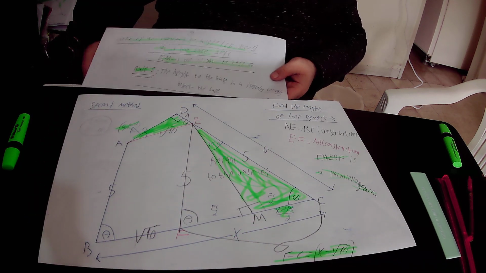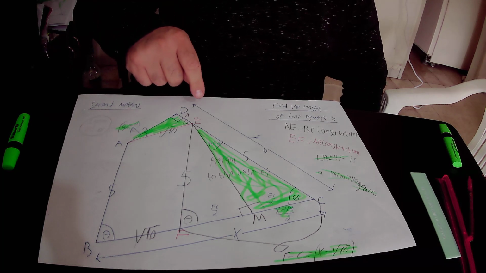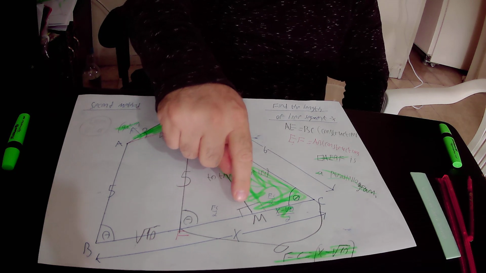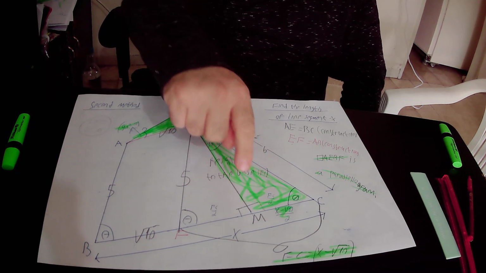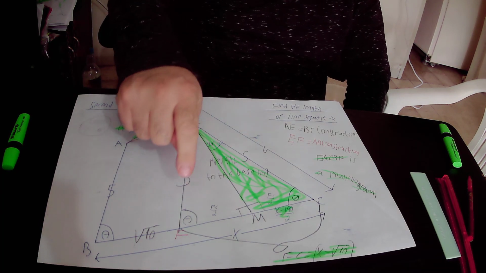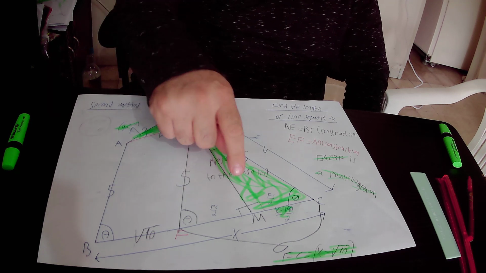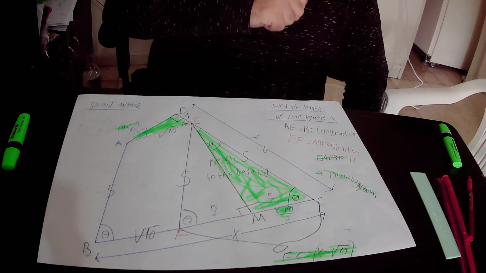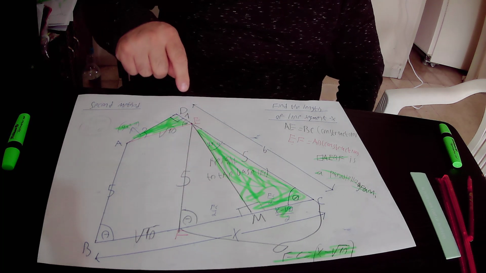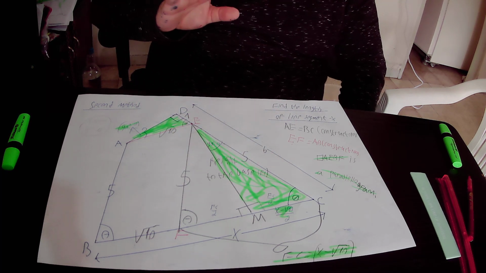Then we did a construction from point E. We drew a perpendicular on FC. So this angle equals 90 degrees and this angle equals 90 degrees according to our construction. And we define the touching point of the perpendicular from point E and FC as M. So here EM is perpendicular to FC. Therefore, line segment EM is the height to the base FC. Why? Because it is perpendicular to the base.